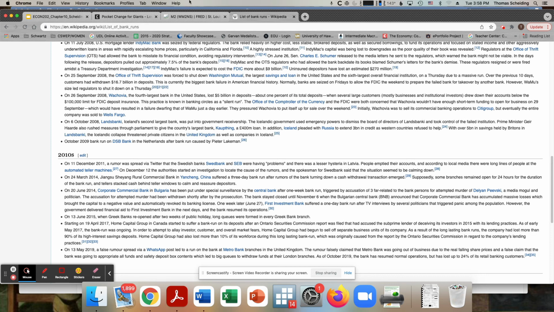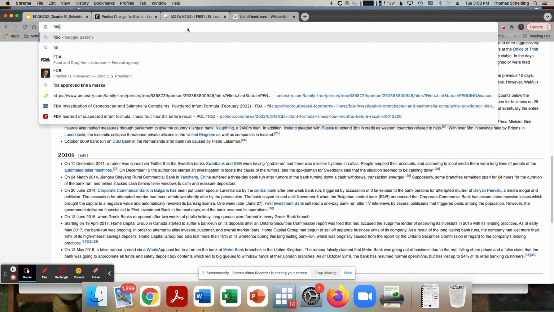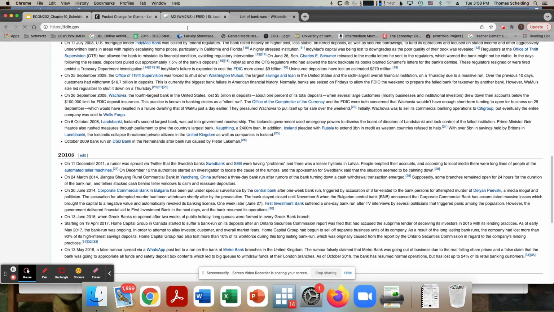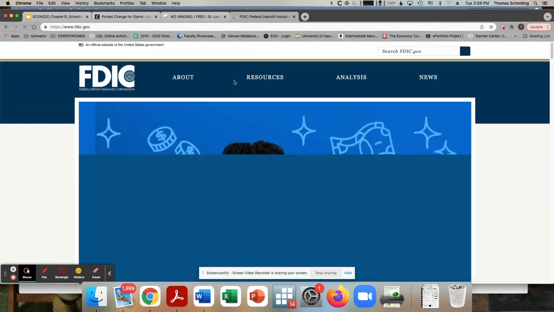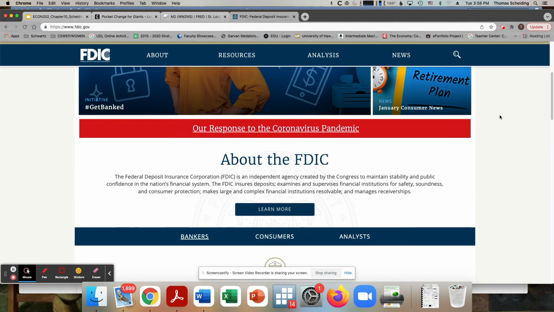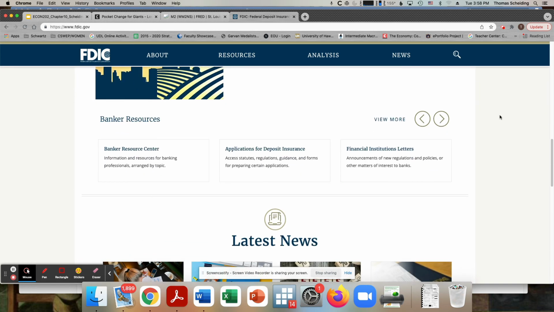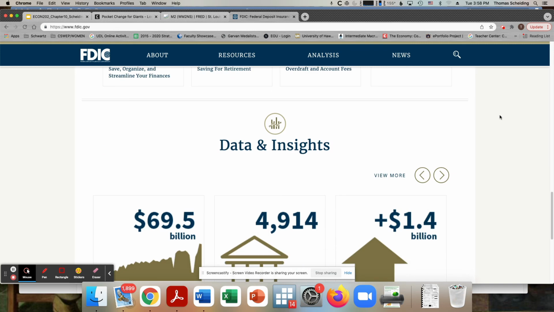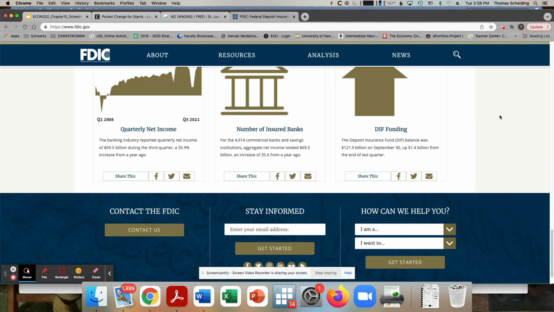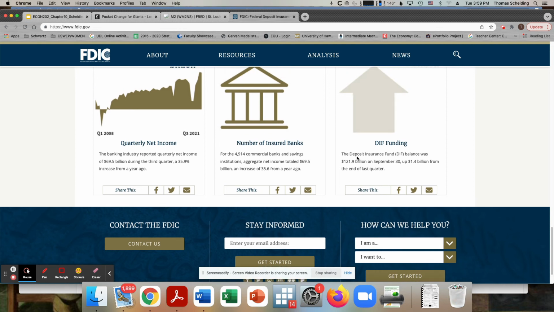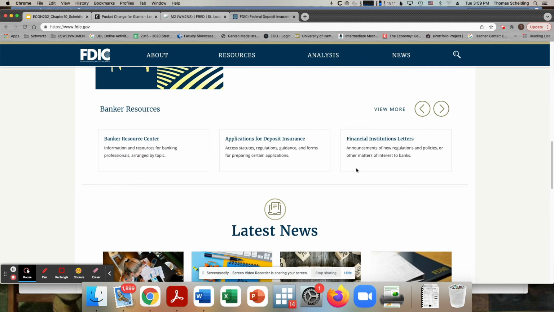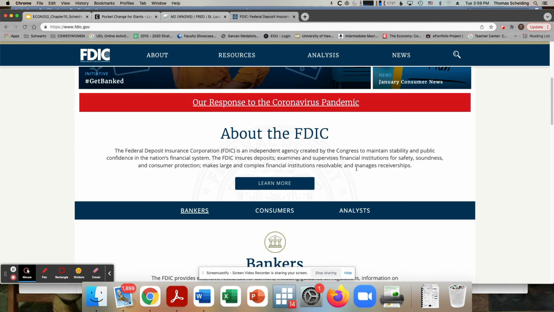You can actually look up the data yourself on FDIC.gov. Right here, the Deposit Insurance Fund has $121 billion in money that it can pay out.